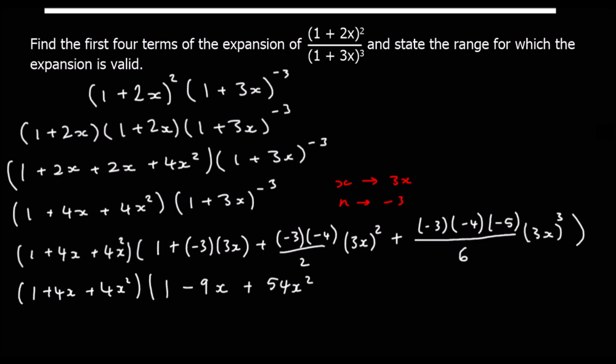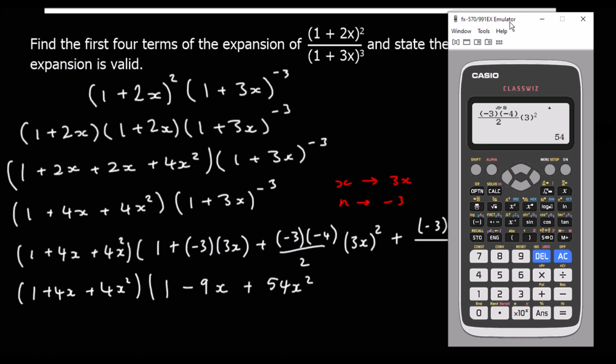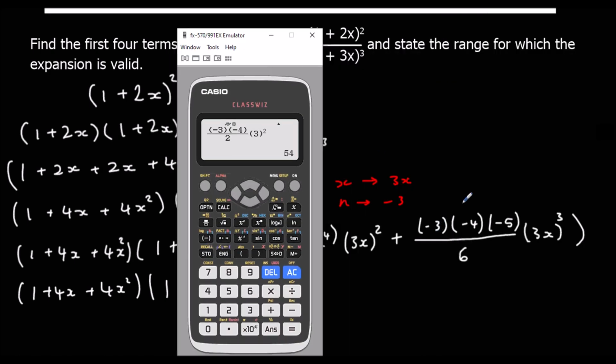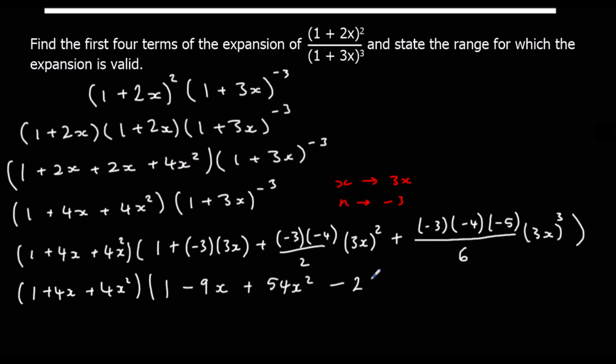And then for the x cubed, again, we can type it into the calculator. So it's -3 times -4 times -5 over 1 times 2 times 3, which was 6. And the 3 is now cubed. So negative 270. Take away 270x cubed.